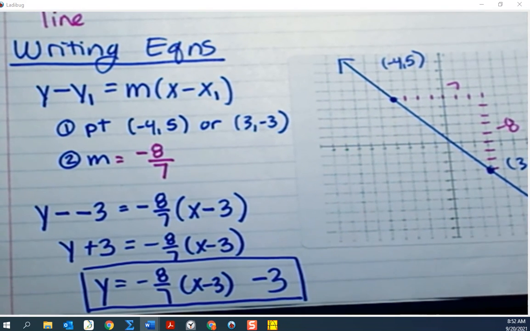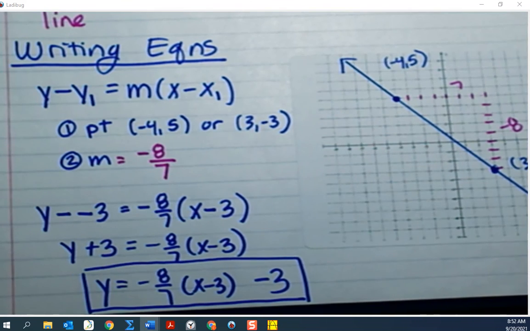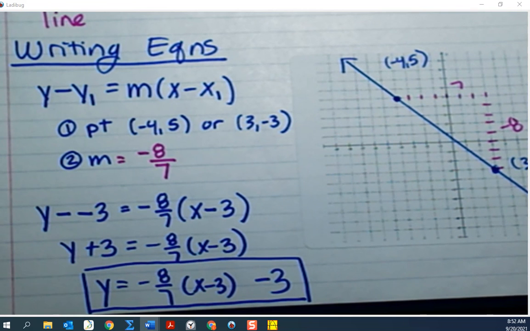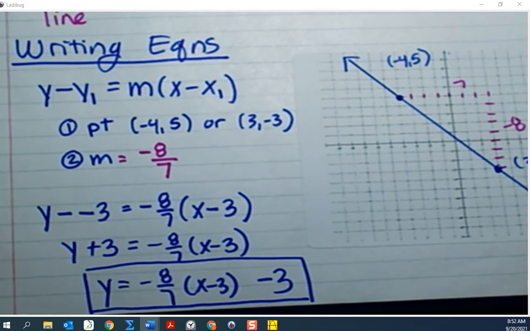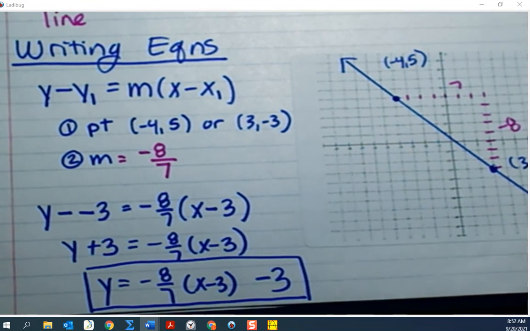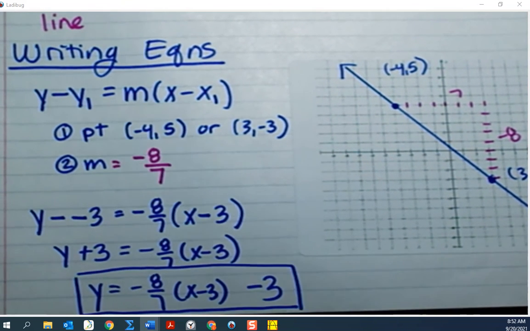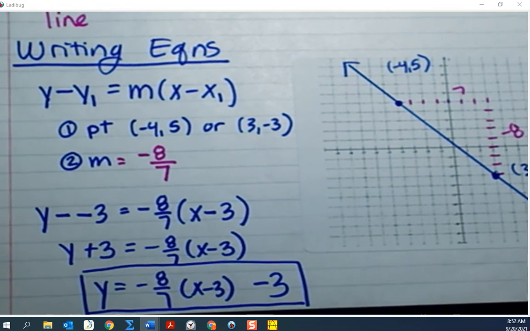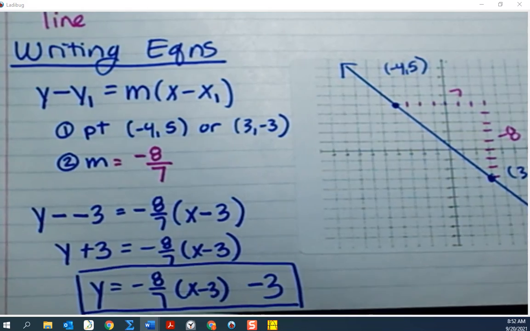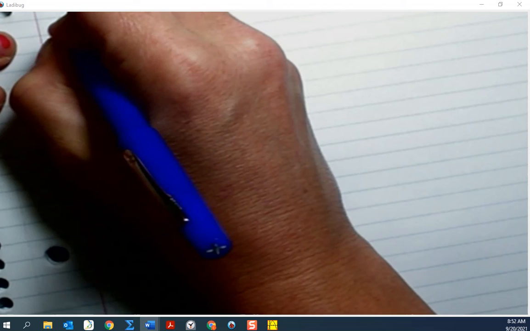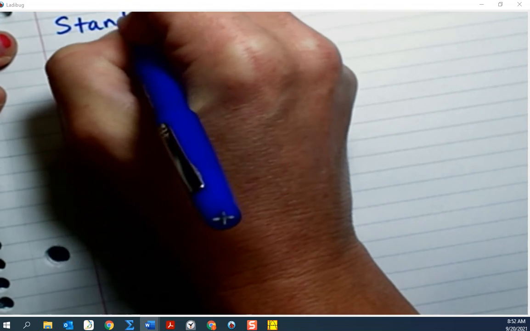I do need to tell you one other thing. It's more specifics on the forms because standard form is the only form we haven't mentioned here, and I just want to make sure that you are aware of it. So I'm going to flip my page because I'm at the bottom, and we're going to write standard form here.